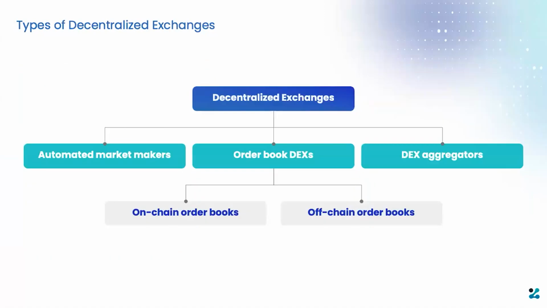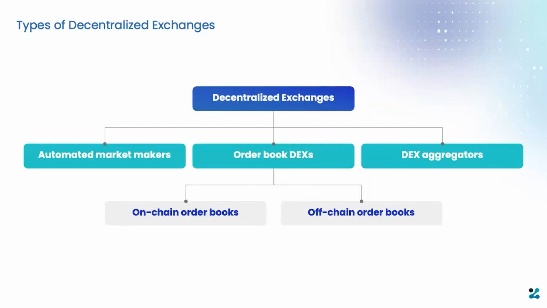And then there are DEX aggregators. Aggregators basically aggregate different decentralized exchange platforms, so that if you go to an aggregator like 1inch, you can place an order, and 1inch will fetch the best pricing options for you from different decentralized exchanges.